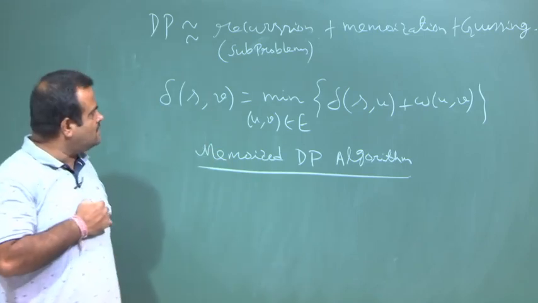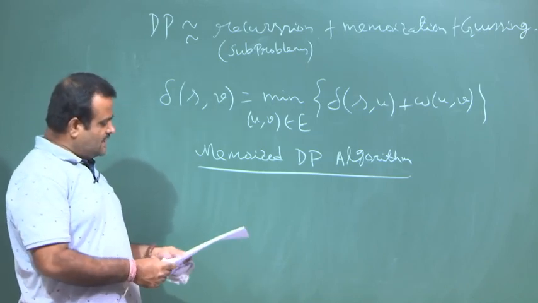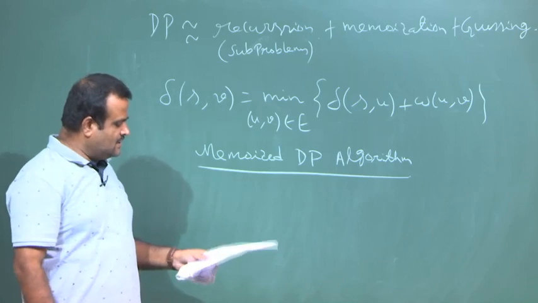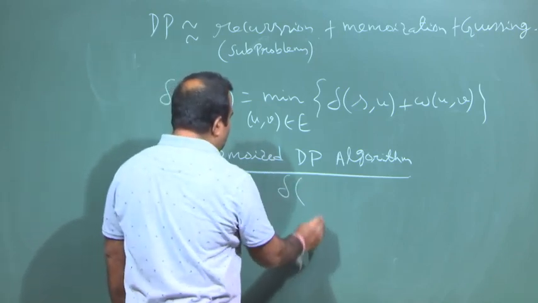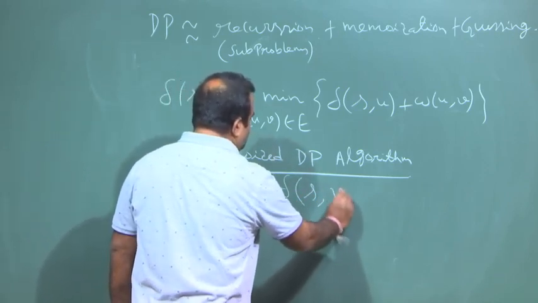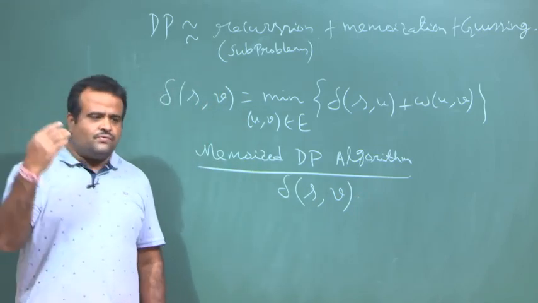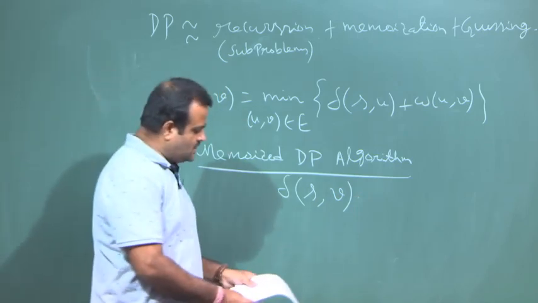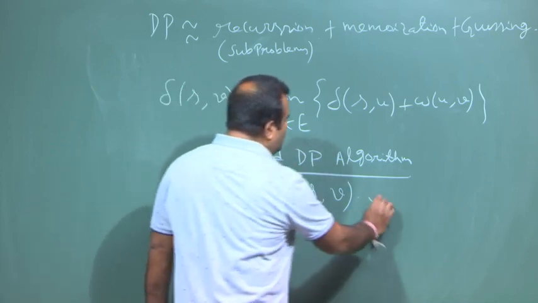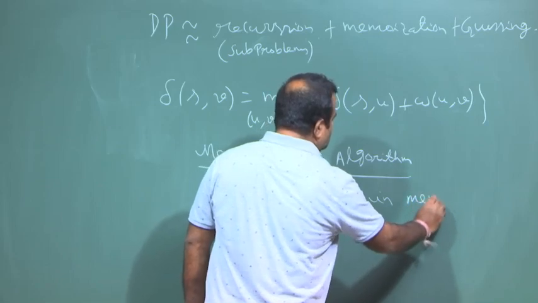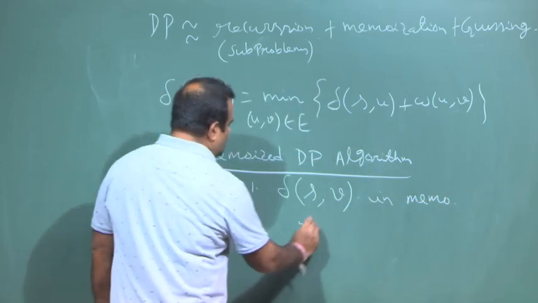So, what is that algorithm? Basically, we compute these deltas. Now, we compute delta of s comma v and we put it into a table. Again if we want to compute it, we first look into the table. If it is in the memo, then we return it.